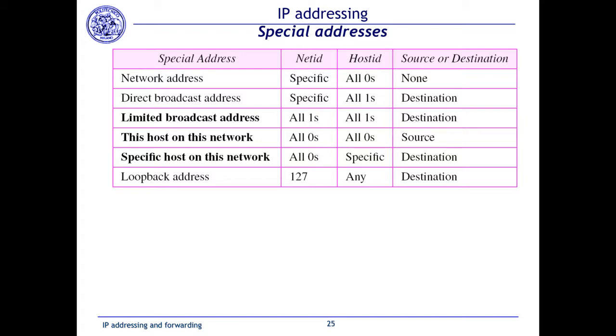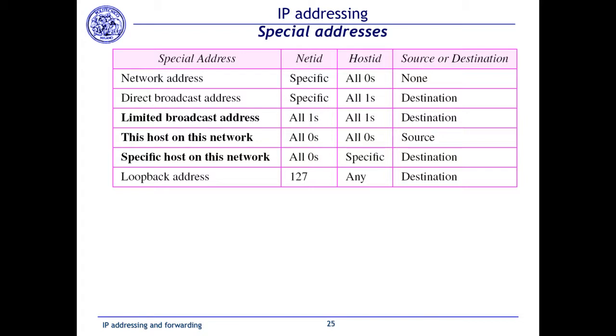There is also the possibility of sending a packet to a specific destination network, asking for this network to broadcast the packet to all the hosts. This is the direct broadcast address. Direct in the sense that it's directed to a specific network. So in this case, you write a net ID as address, the specific network address, and the host ID is all ones.